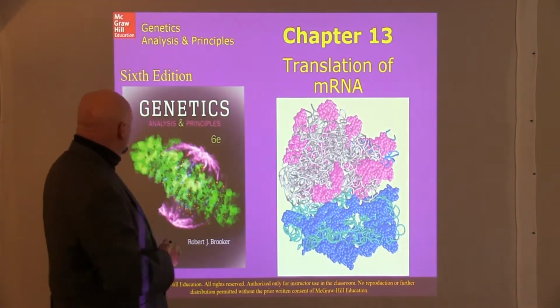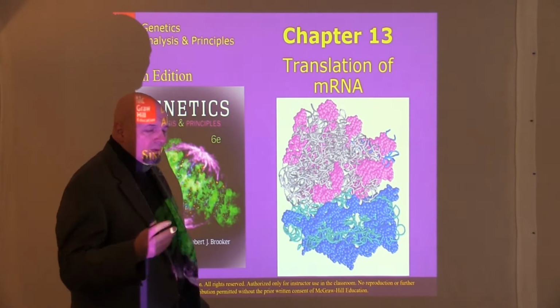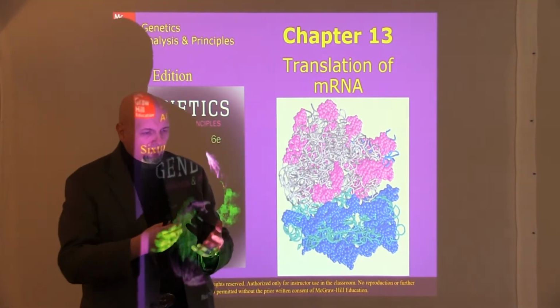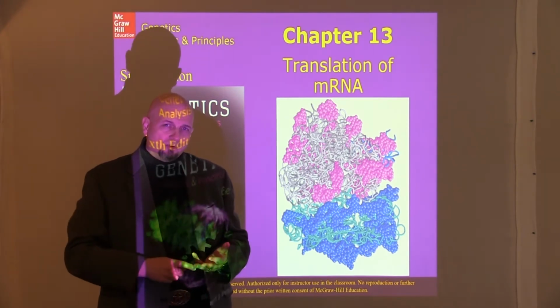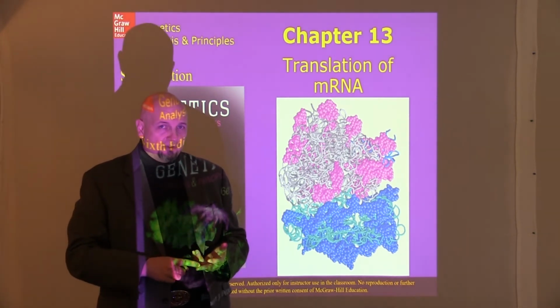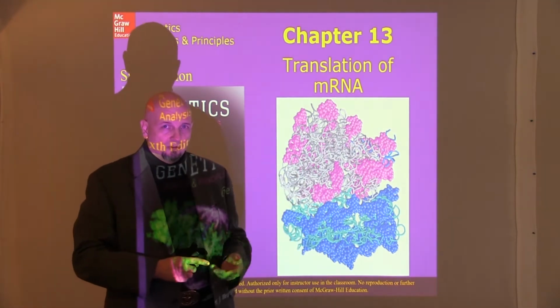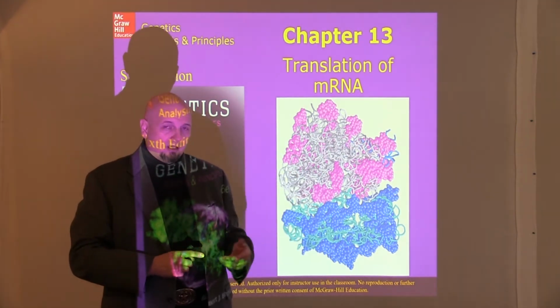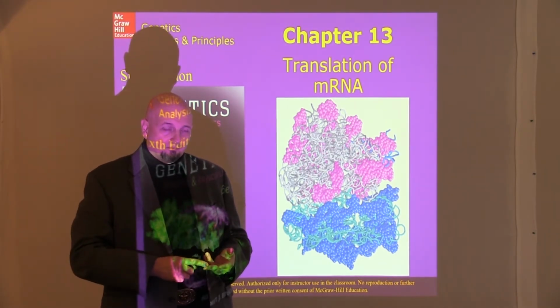Now this chapter is basically the translation of messenger RNA. If you remember, the actual replication of DNA is going in the 5' to 3' direction. The synthesis of the messenger RNA off of that particular gene that's encoded by the DNA is also synthesized 5' to 3'.